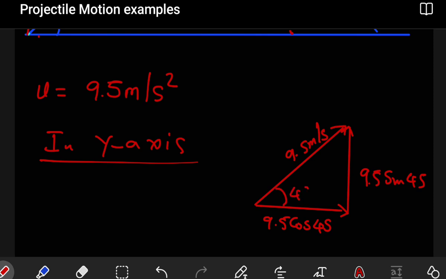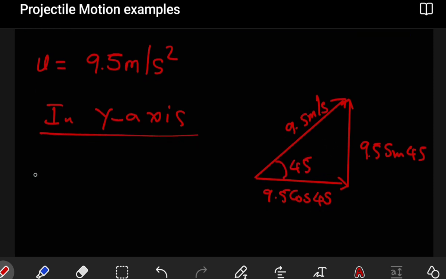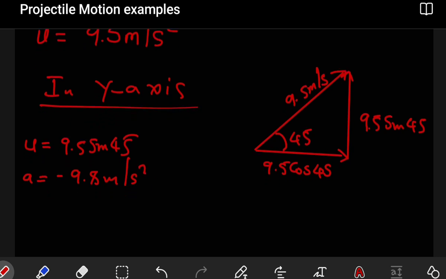Here, the 45-degree angle is here. So because of that, the initial velocity in the y-axis will be 9.5 sine 45. The acceleration here is minus 9.8. So this is what g is in Tokyo at that time.